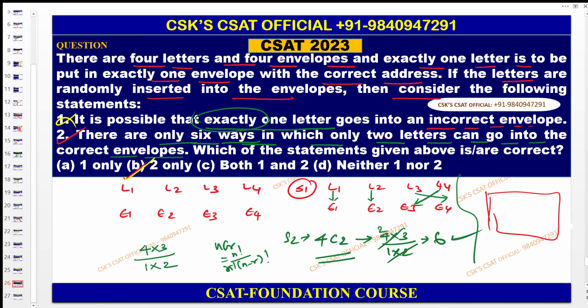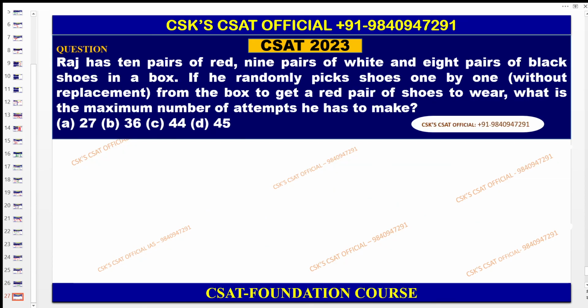There they have done it with C1, C2, C3, then envelope 1, envelope 2, envelope 3. So this is not required here. If anybody has a doubt with this question, you can ask, or else mark the slide number. I will address the doubts after completing the last question.